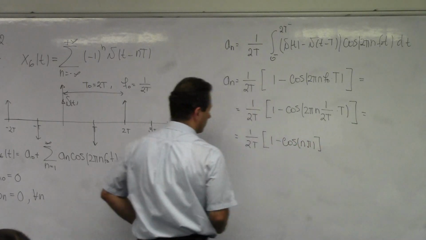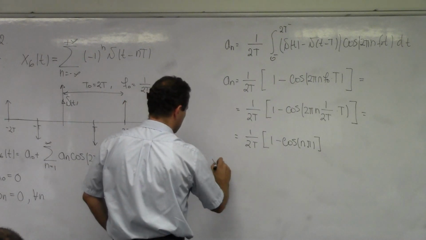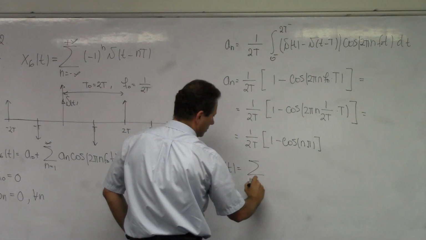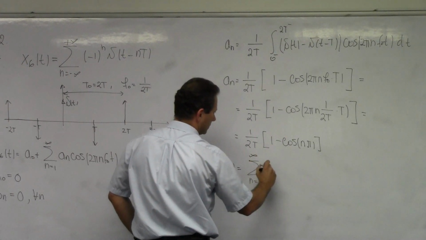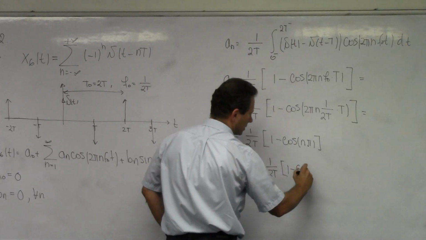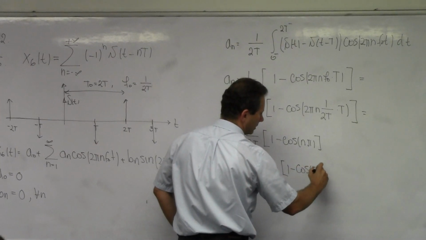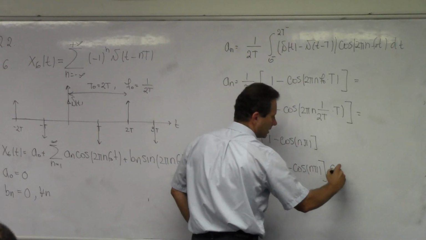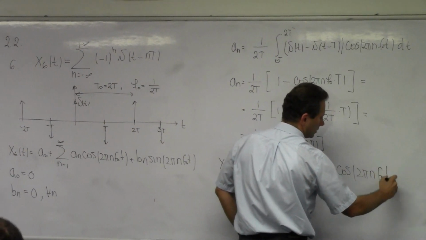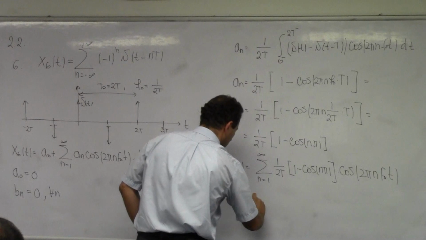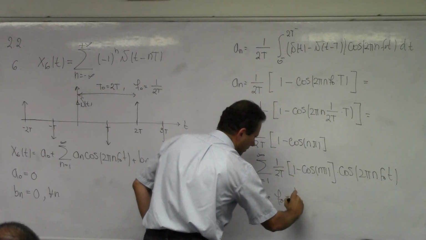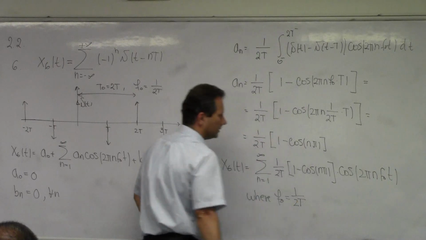And so your Fourier series here is x6 of t is equal to the sum when n goes from 1 through infinity, 1 over 2T, 1 minus cosine n pi times cosine 2 pi n f0 t, where here f0 is 1 over 2T.